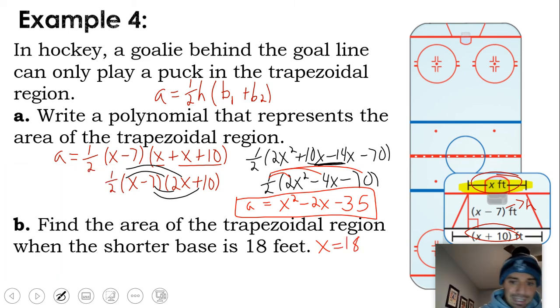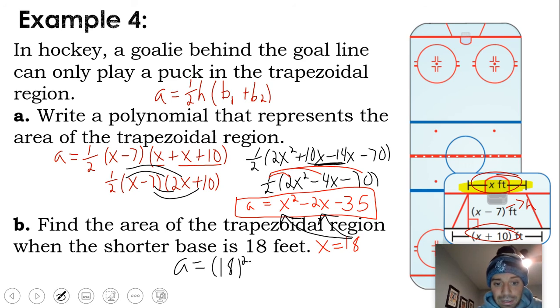So we're going to take that 18 and we're just going to plug it in for our new area formula. So area is equal to, use parentheses, 18 squared minus 2 times 18 minus 35. Use that calculator. You can put it all in at once if you wanted to.